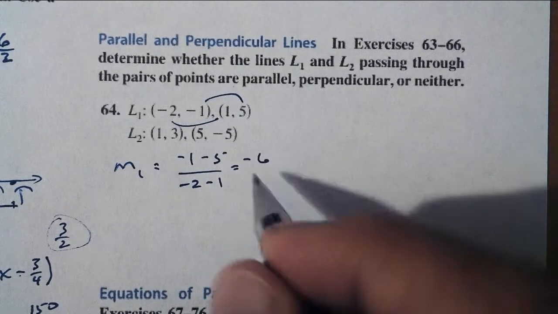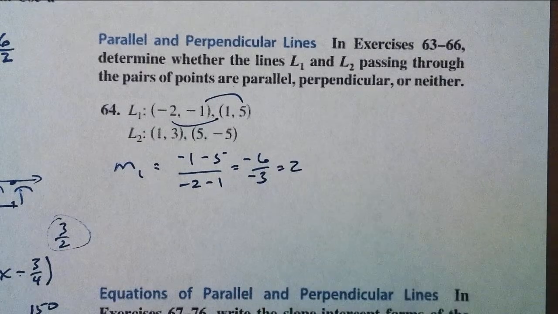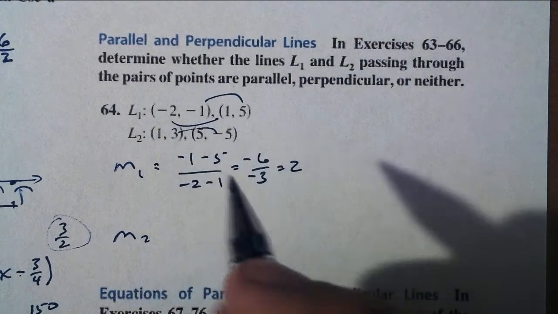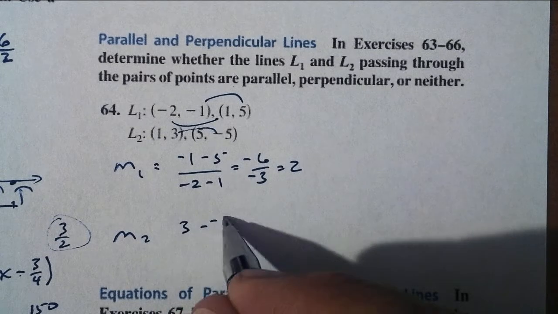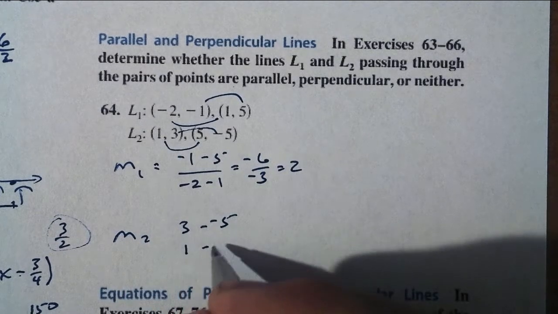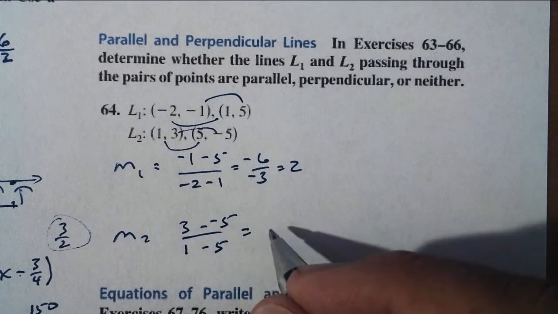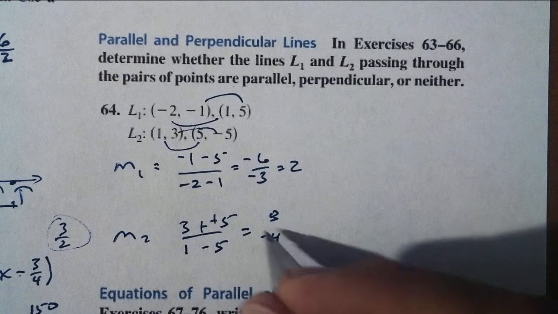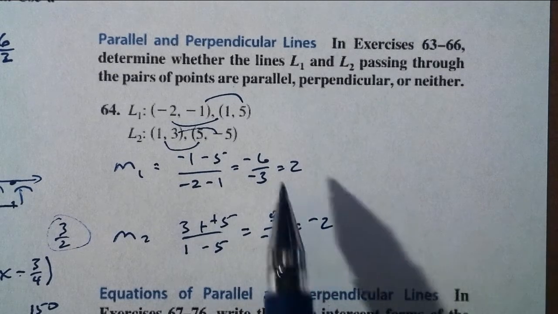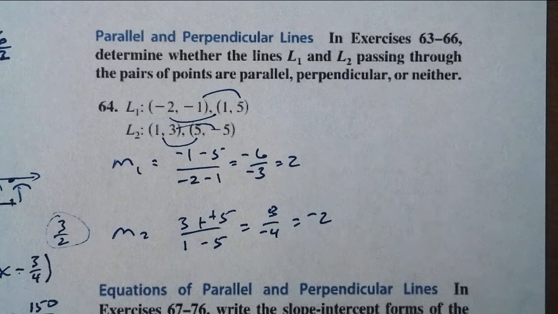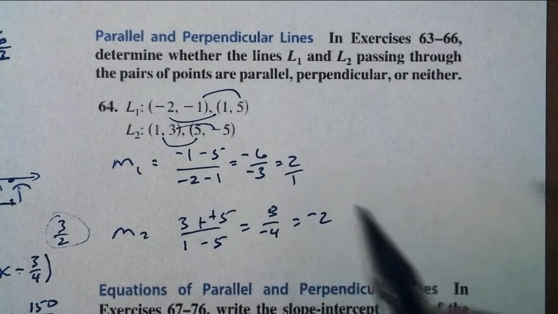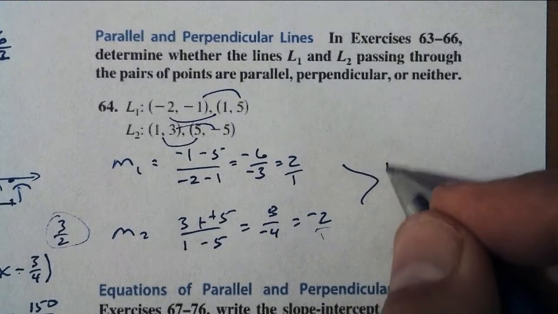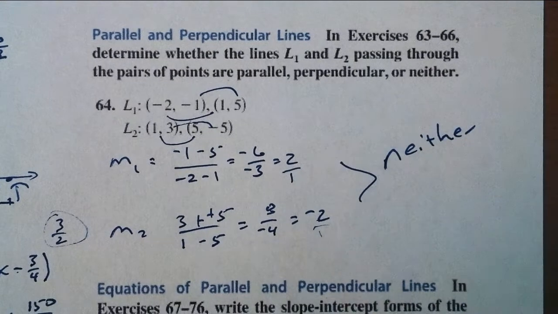And I get negative 6 on negative 3, or positive 2. Slope 2, my y's go from 3 to negative 5, as my x's go from 1 to 5, and I get positive 8 on negative 4, or negative 2. They certainly are not parallel. Are they perpendicular? No, they are not opposite reciprocals. They are just opposite. So this would be a neither.